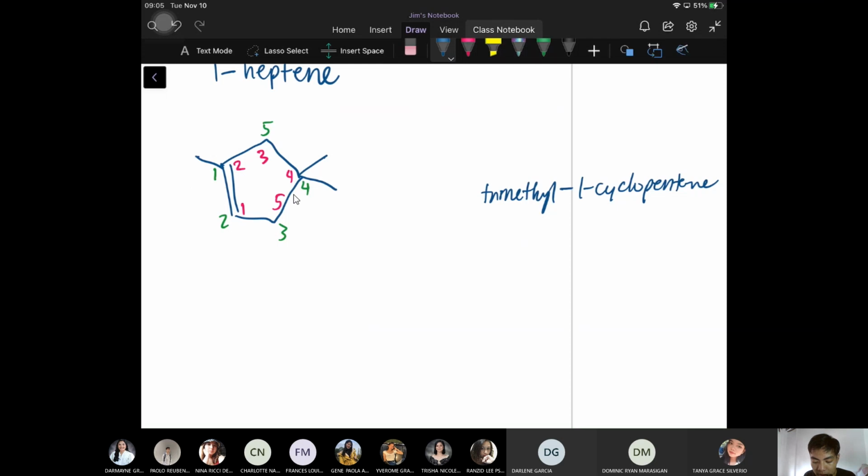Pero, anong numbering yung pipiliin mo? Is it the 144 or the 244? Siyempre, yung lowest yung mananalo, 144. Okay? So, hindi 244 yung pipiliin, 144.